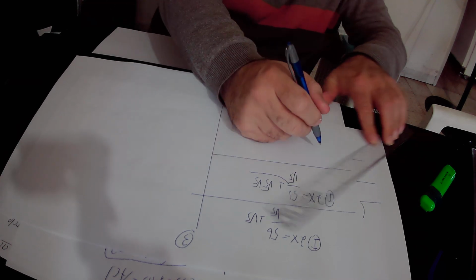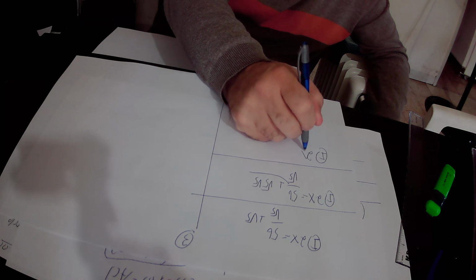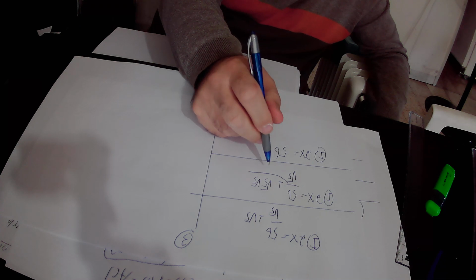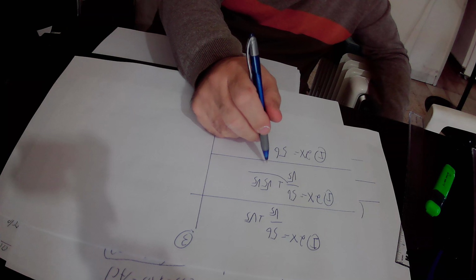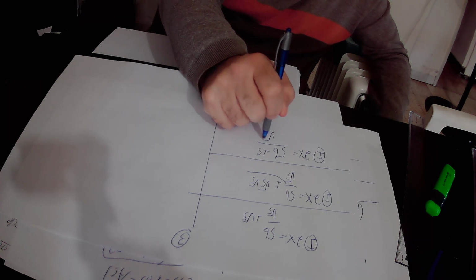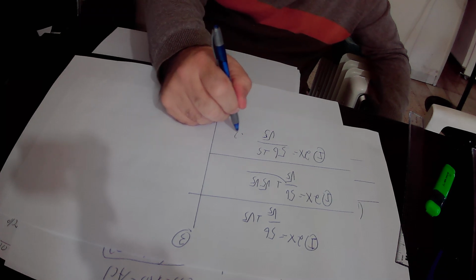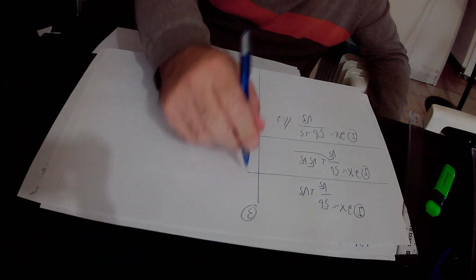So 2x equals 5b plus 5 over square root of 5, since square root of 5 times square root of 5 is 5. Here we will divide this equation by 2.